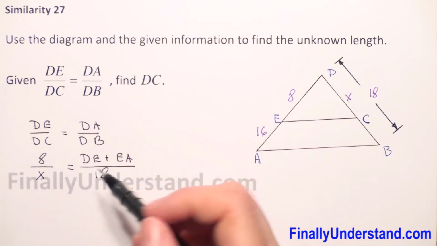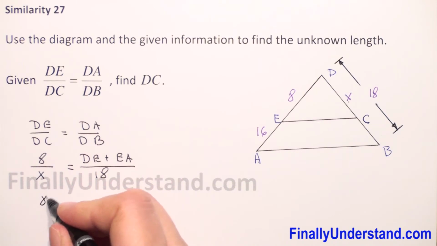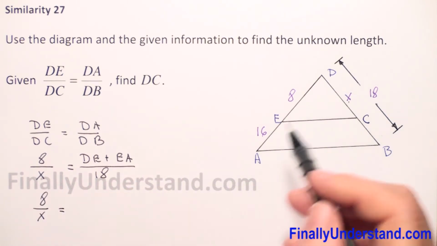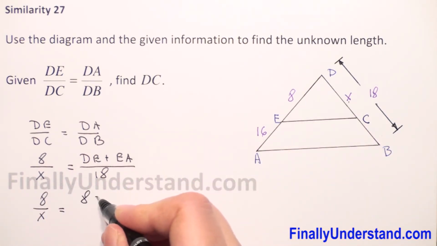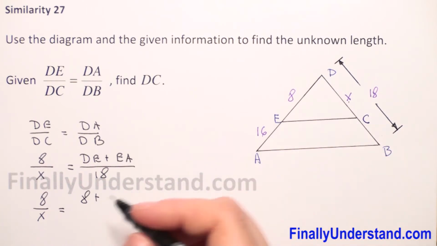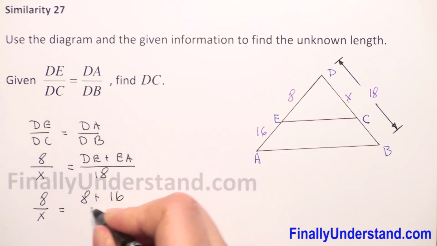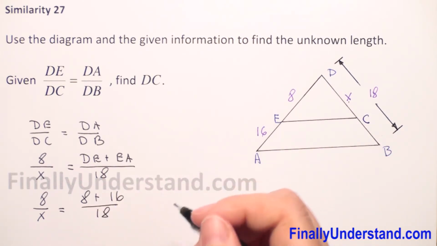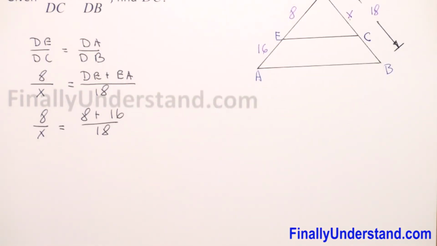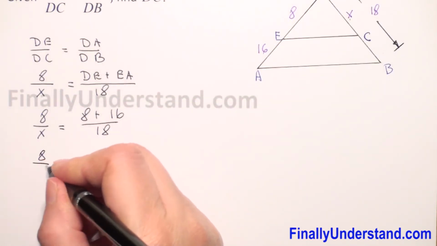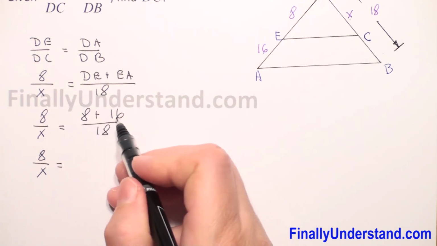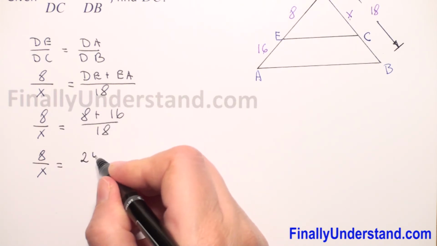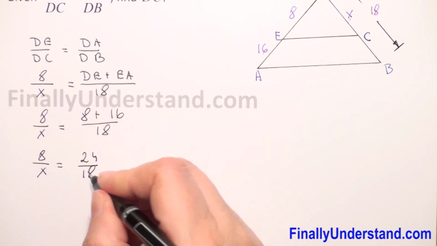So now, let me copy the left side. This is equal to DE, which is 8, plus EA, which is 16, over 18. So we have that 8 over x is equal to 8 plus 16, which is 24, over 18.